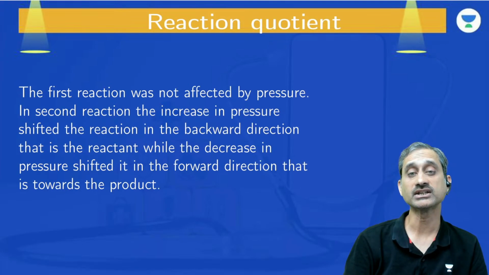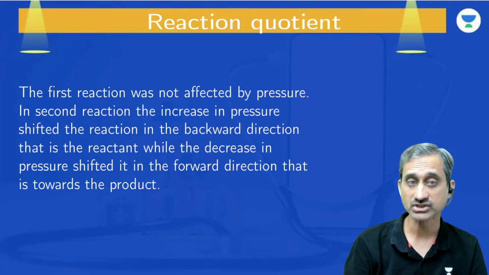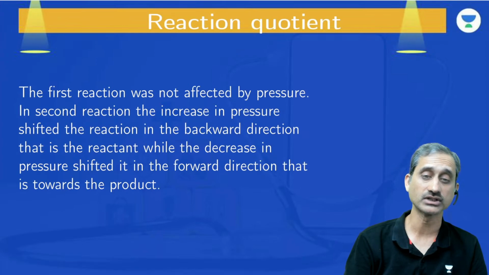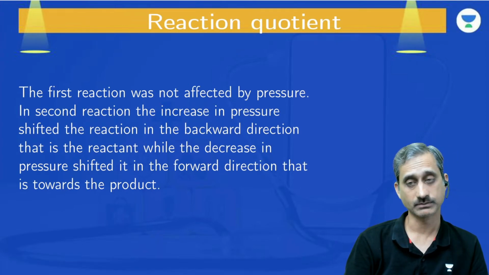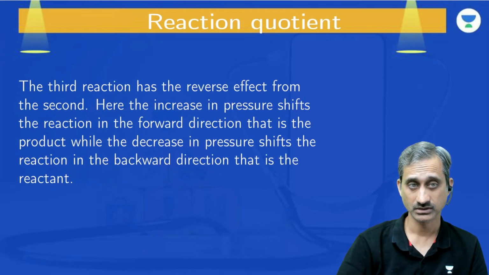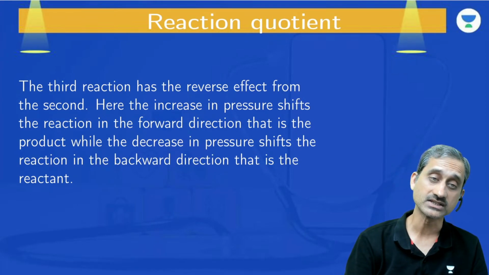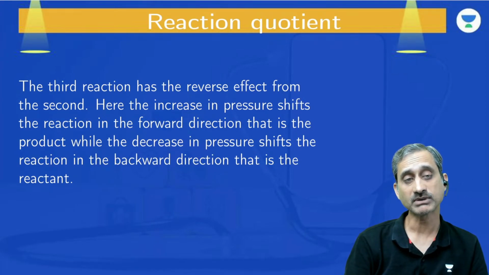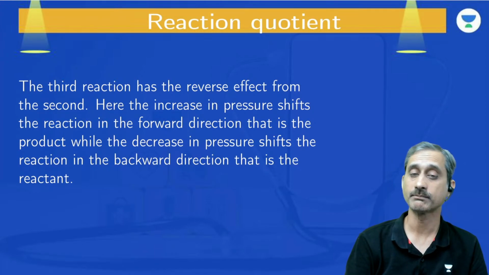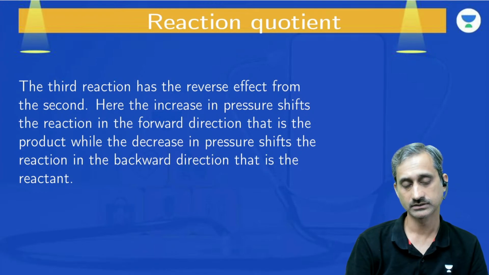In the second reaction, the increase in pressure shifted the reaction in the backward direction, that is towards the reactant, while the decrease in pressure shifted it in the forward direction, that is towards the product. In the third reaction, the effect is the reverse of the second. The increase in pressure shifts the reaction in the forward direction, that is towards the product, while the decrease in pressure shifts the reaction in the backward direction, that is towards the reactant. Can you see that?